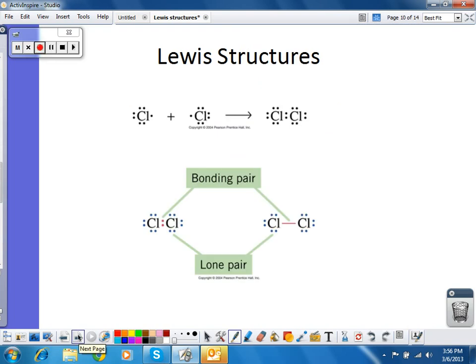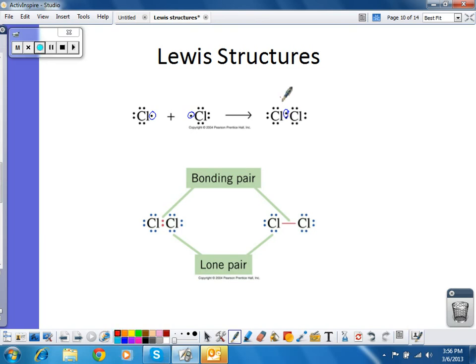So when we go to draw Lewis structures for molecules, we again look at the valence electrons. In this simple example, each chlorine atom has 7 valence electrons. Since it has 1 lone electron and 1 lone electron there, if these 2 atoms share these 2 lone electrons, now I get a pair of electrons. And when I have a pair of electrons that is shared, a bond forms.